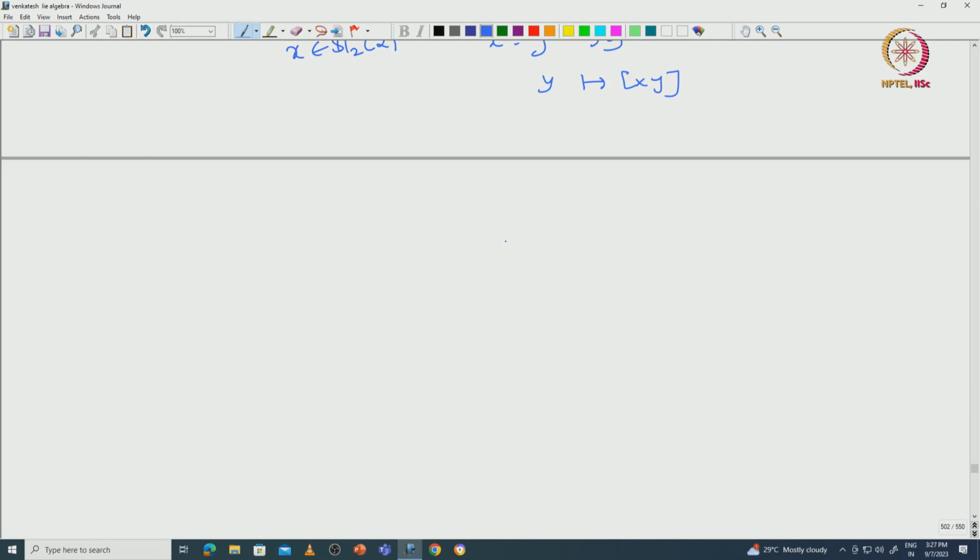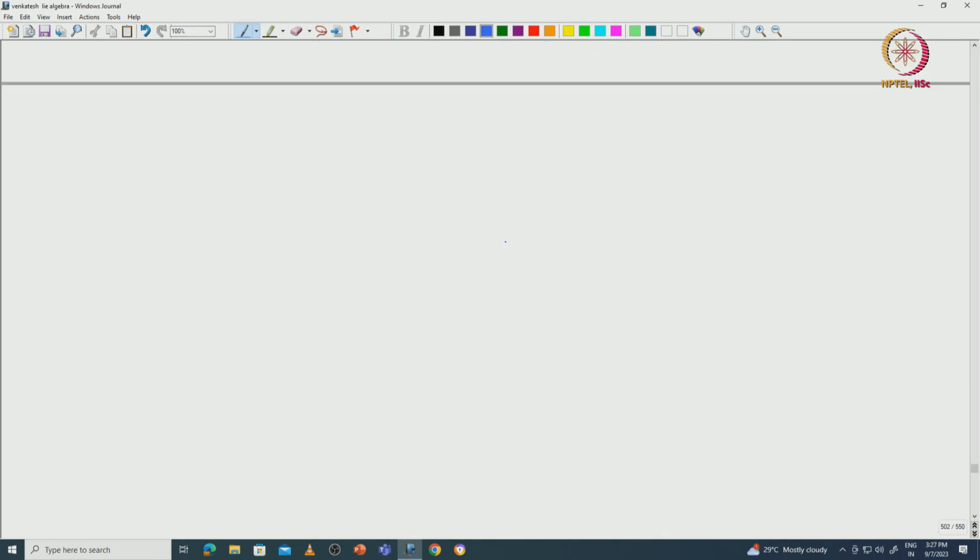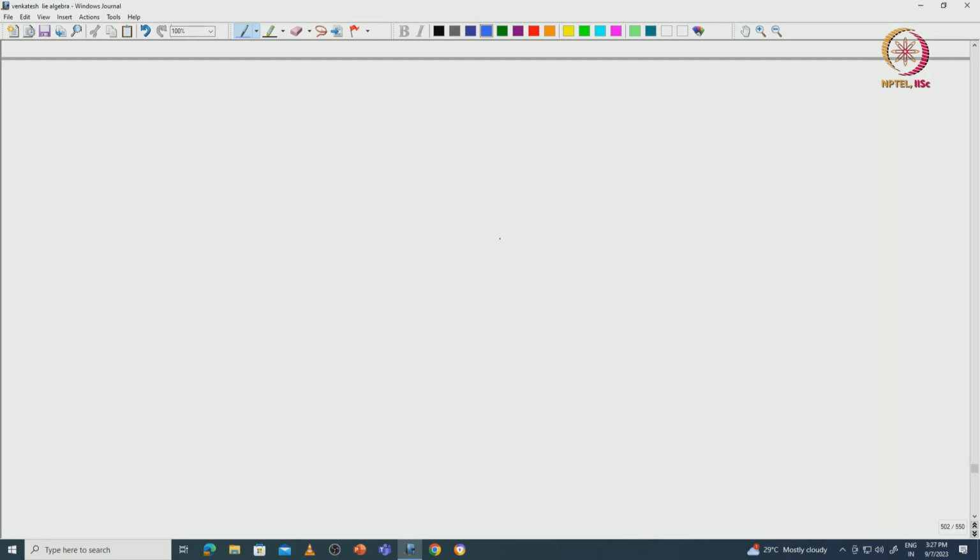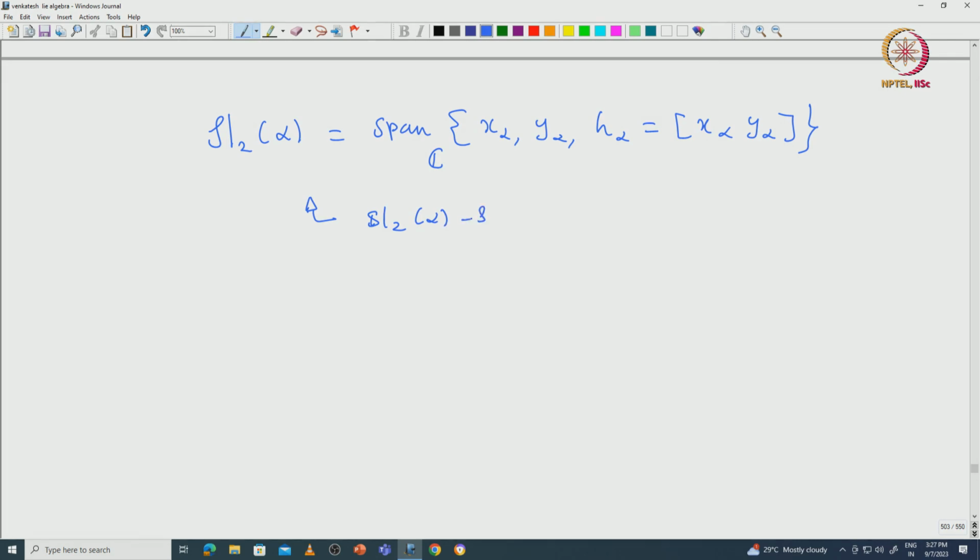Let us look at some interesting submodules of G which are SL2 alpha submodules. The very first submodule that comes to our mind is SL2 alpha itself. Recall this is the span of x alpha, y alpha and h alpha, being the bracket of x alpha and y alpha. This is indeed an SL2 of alpha submodule.